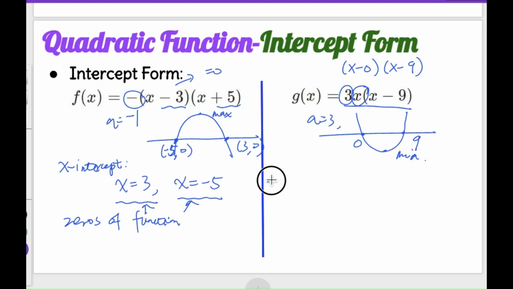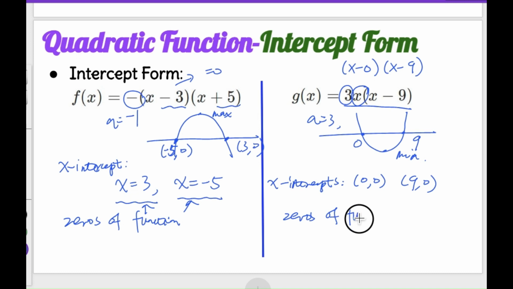That means the x-intercepts are (0, 0) and (9, 0), but if we read carefully, the zeros of the function are x equals 0 and x equals 9. This is all the information we can read from intercept form.